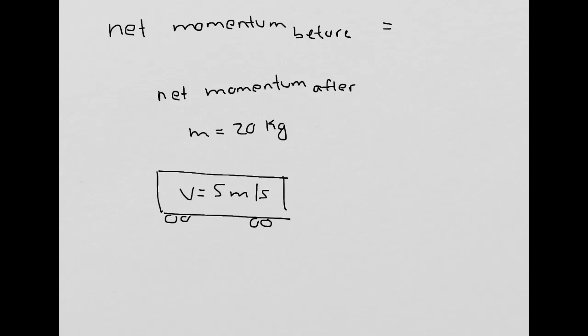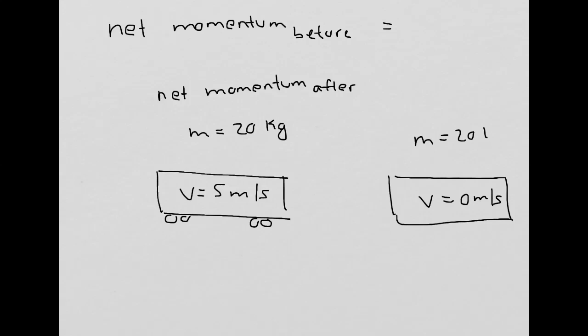And let's say that I have another train further up the track that has 0 velocity and also has a mass of 20 kilograms. Okay, what is the final velocity of these two trains after they collide if it's a perfectly inelastic collision, meaning that they stick together?